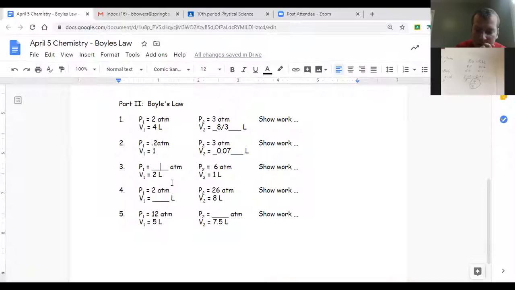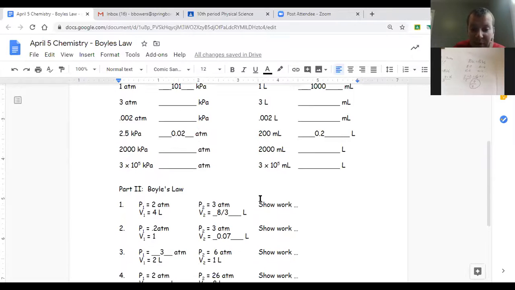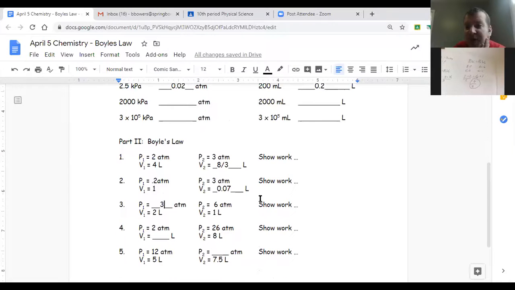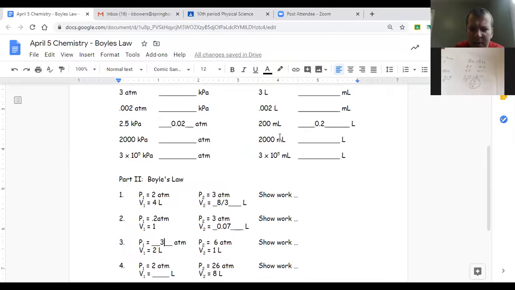So what I'm going to do is put a 3 right there. Boom. Now you have 3 of those done. So that is Boyle's law, P1 V1 equals P2 V2. I hope that helped out going through some homework examples. Guys, this shouldn't take too much longer to do.